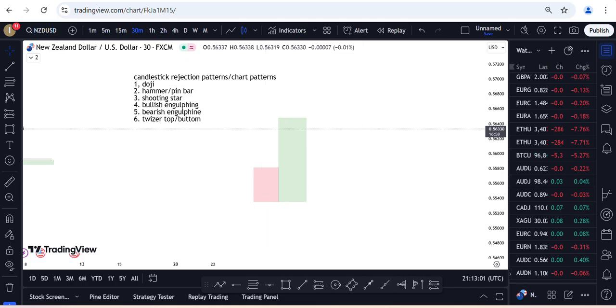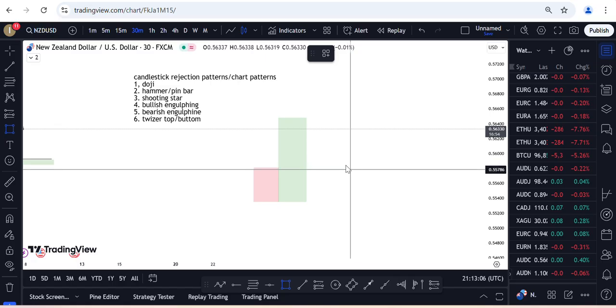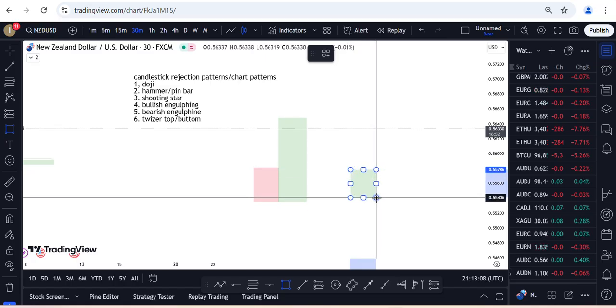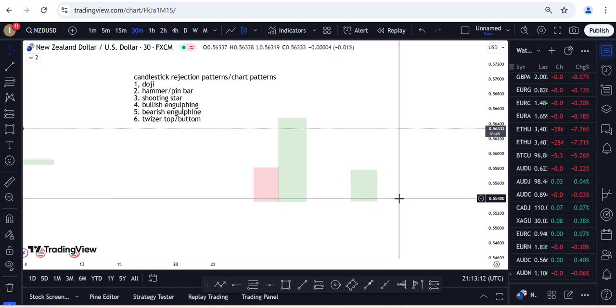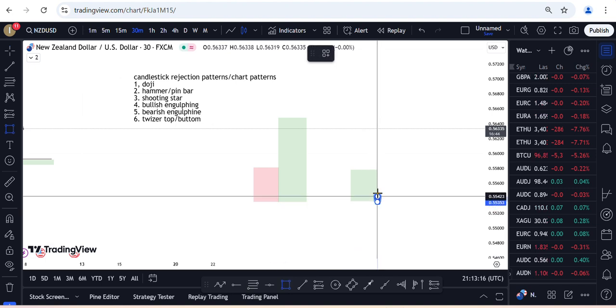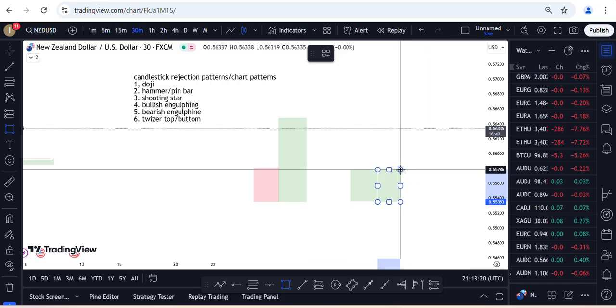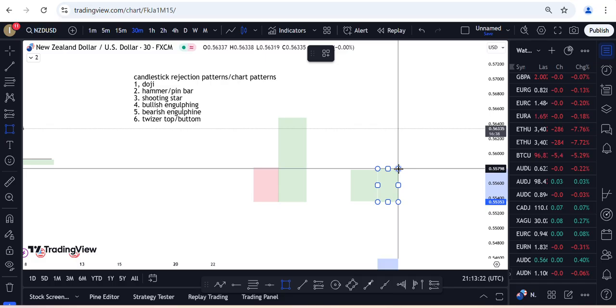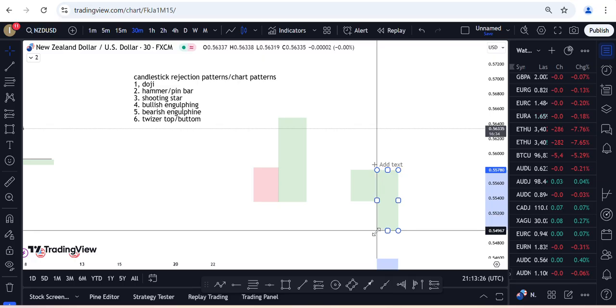Then the next one is the bearish engulfing candle. A bearish engulfing candle is what? A bullish candle that is now engulfed by a bearish candle.